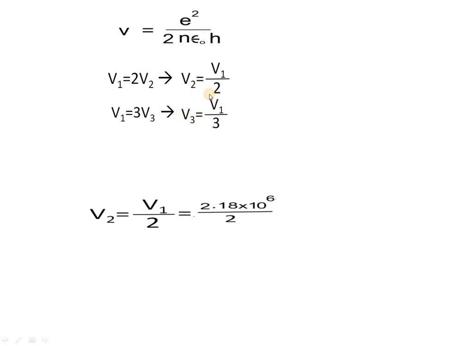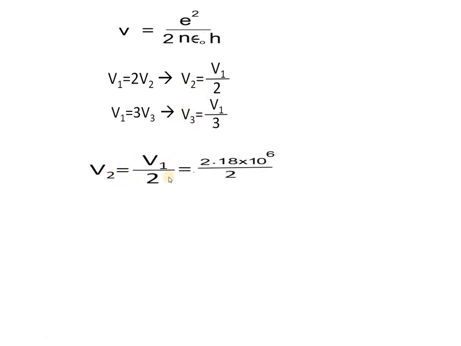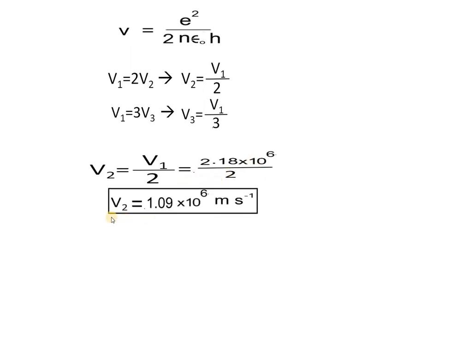So if we use this formula, V2 equal to V1 by 2, where V1 is orbital speed of the electron in the first orbit, which is already calculated, 2.18 into 10 power 6 meter per second, divided by 2. That means V2 equal to 1.09 into 10 power 6 meter per second.